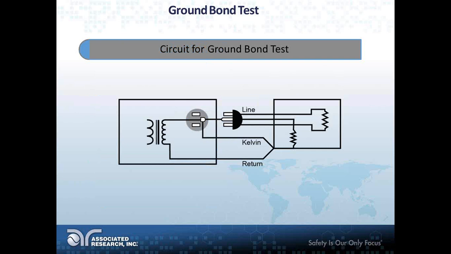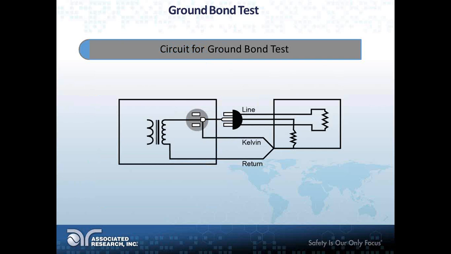Here's a typical circuit. We've seen this before. For a ground bond test, high current is injected through the ground pin. On the left side, you can assume that to be the ground bond tester. The right side is the product being tested, and you can see the power cord with line, neutral, and ground. High current is injected through the ground pin, travels through the chassis of the product, and is measured through the return sensors of the instrument.